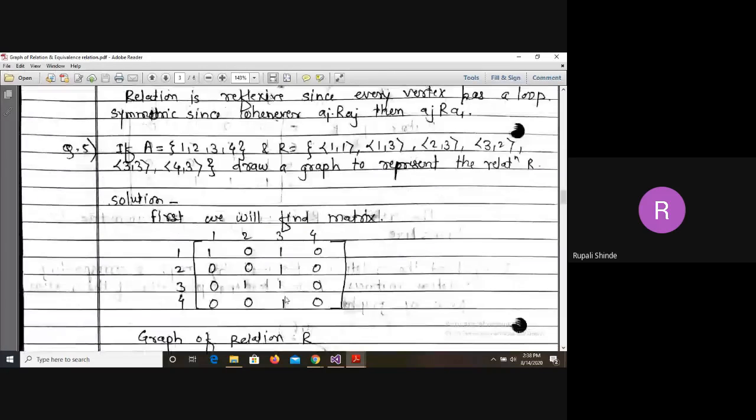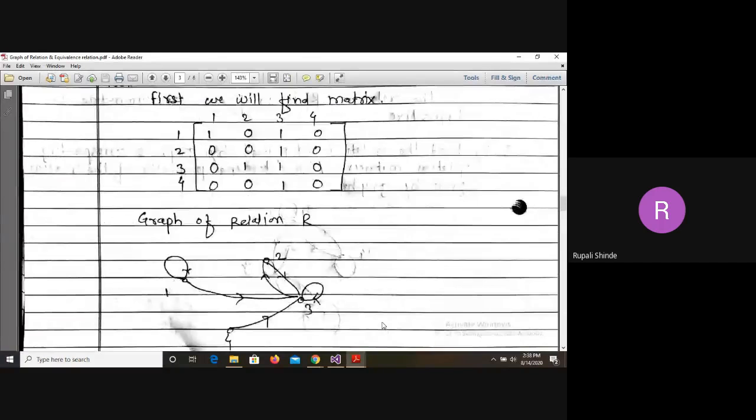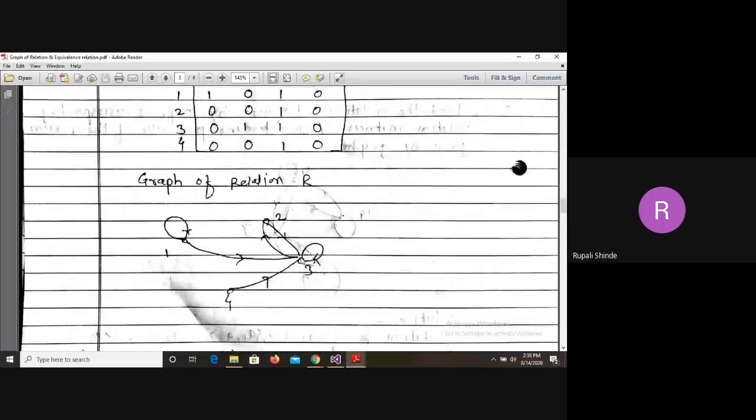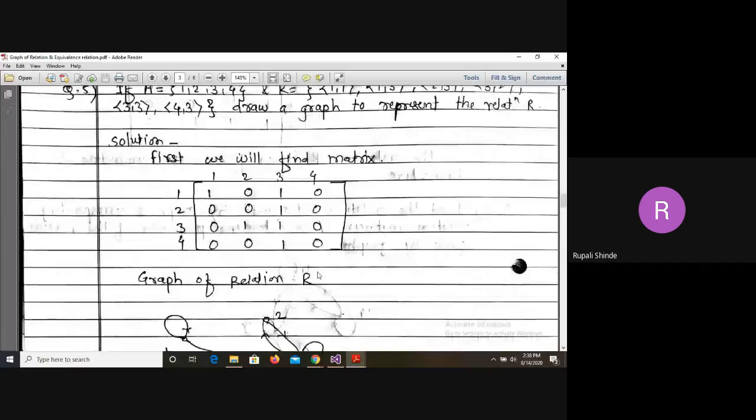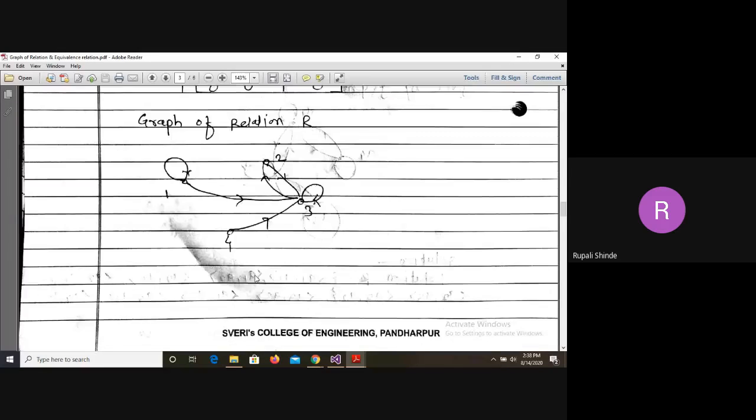Yes, that is given. 2 comma 3, 2 to 3. Yes, that is also given. 3 comma 2 starts at 3, ends at 2. Then 3 comma 3 is a self loop at 3, and 4 comma 3 starts at 4, ends at 3. Yes, so this is the graph for the given relation.